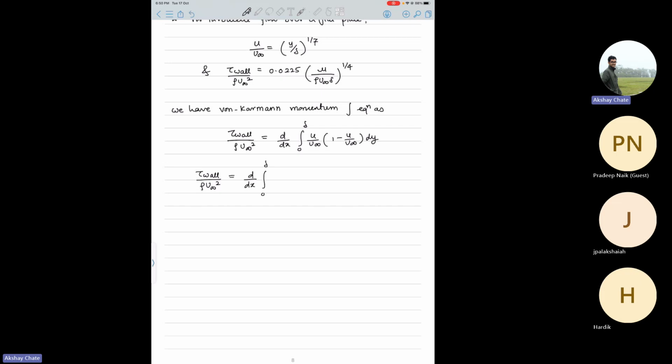So u by u infinity will be (y by delta) to the power 1/7 times (1 minus (y by delta) to the power 1/7) into dy. Just putting the expression inside.